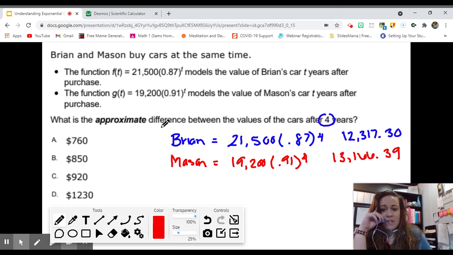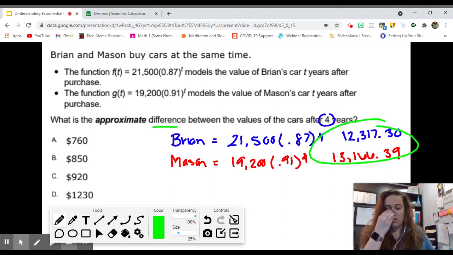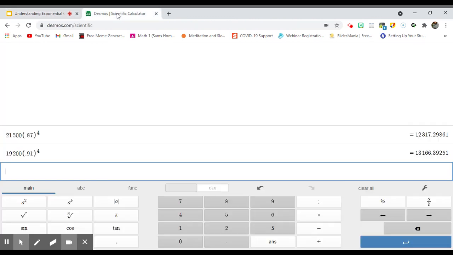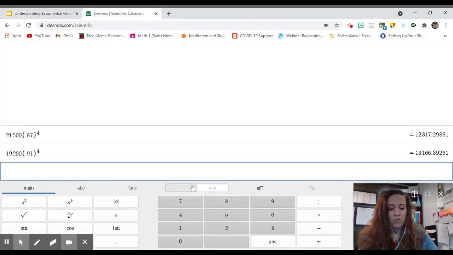Now it's asking for the difference between the values of the two cars, so we need to subtract these two values because it says the word difference. I'm going to take 13,166.39 and subtract 12,317.30.